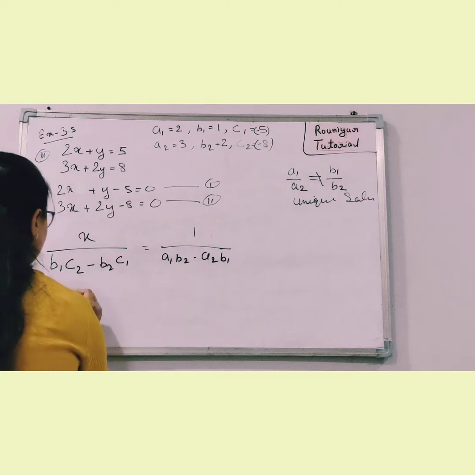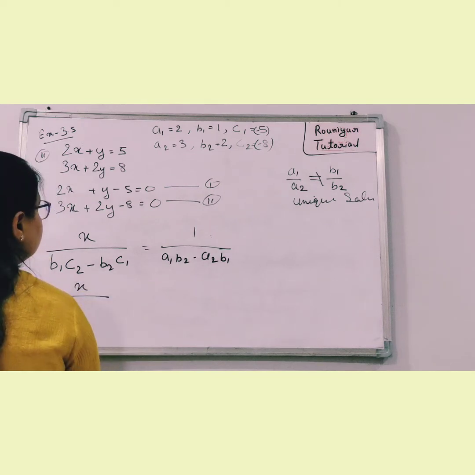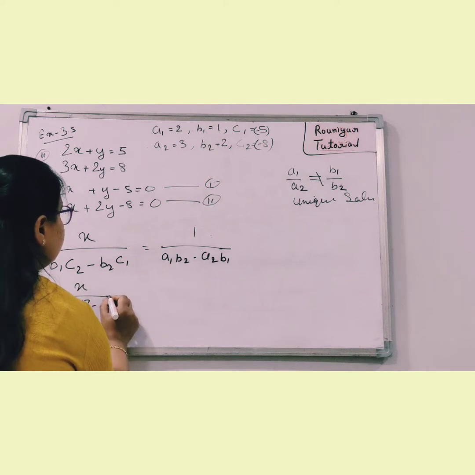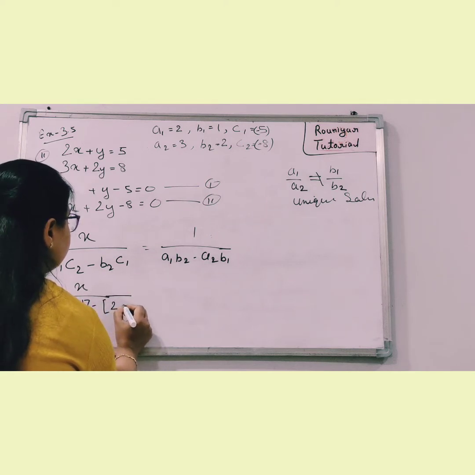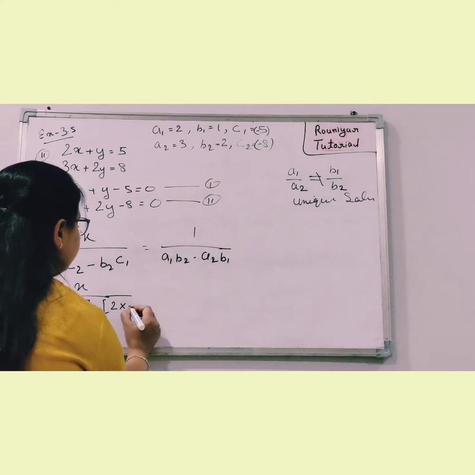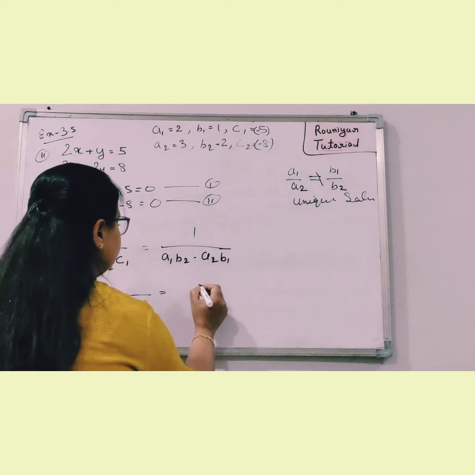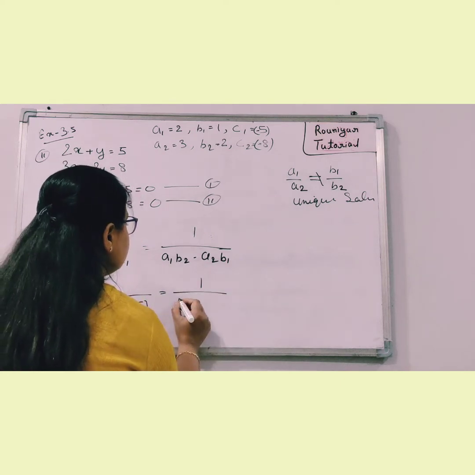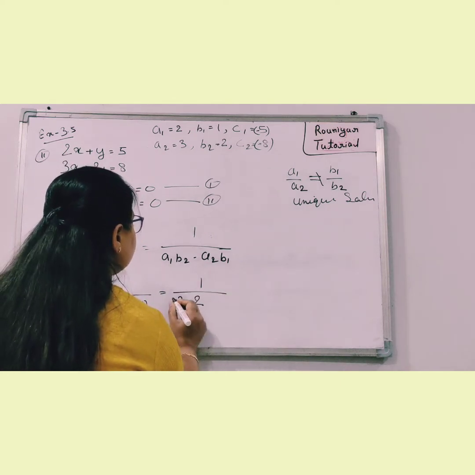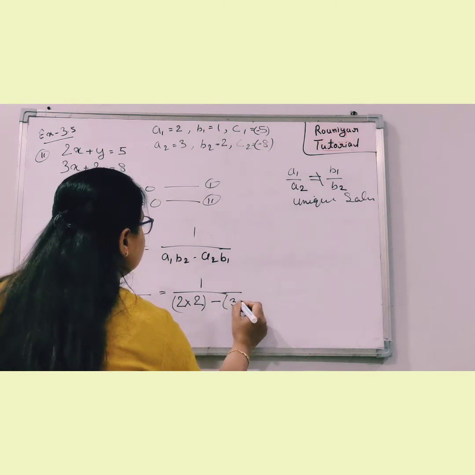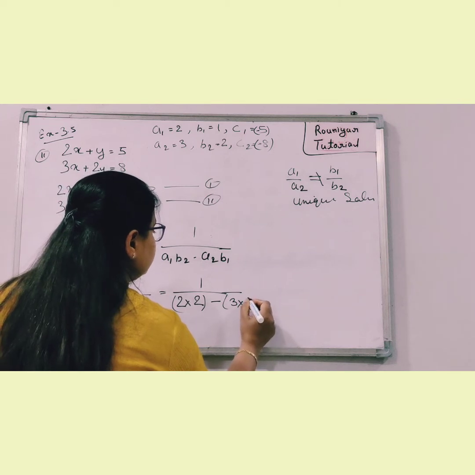Okay, so x by b1 is 1 into c2 is -8 minus b2 is 2 into c1 is -5 is equal to 1 by a1 is 2 into b2 is 2 minus a2 is 3 into b1 is 1.